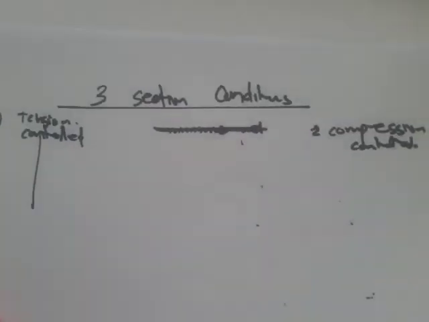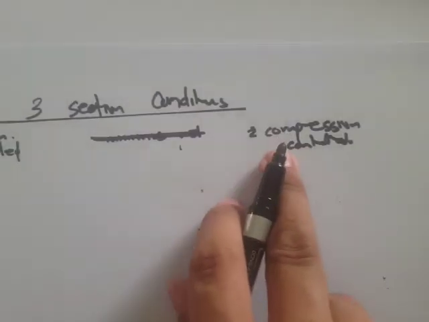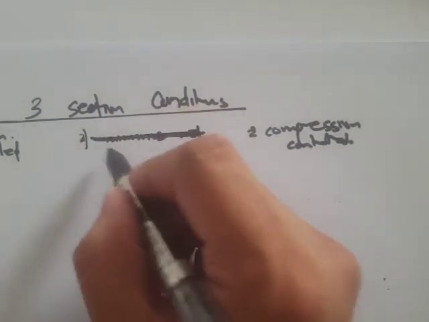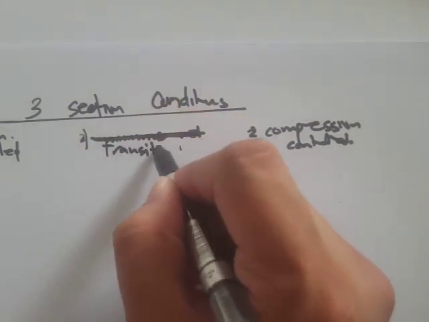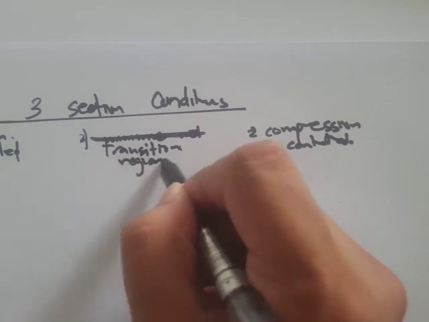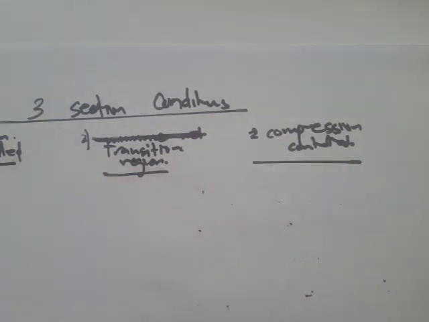Okay, so this is our tension control, the first section condition, then compression control, and then we have here the transition region. So we have these three regions.